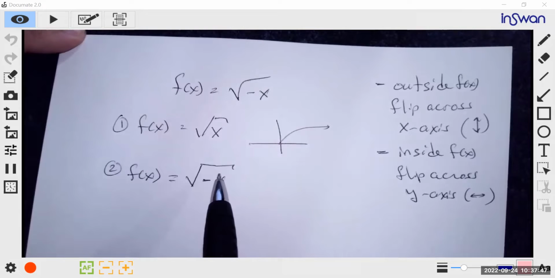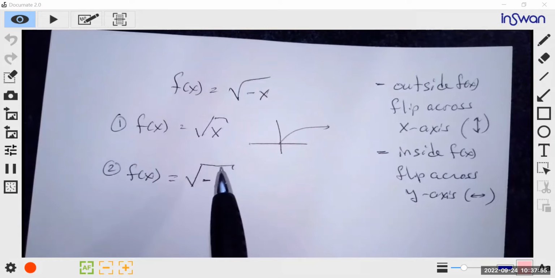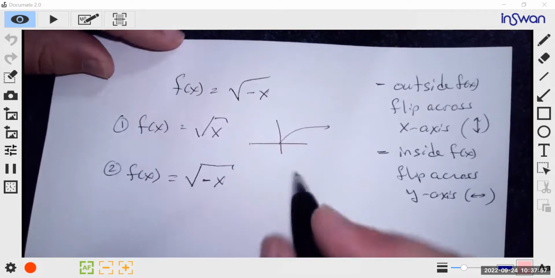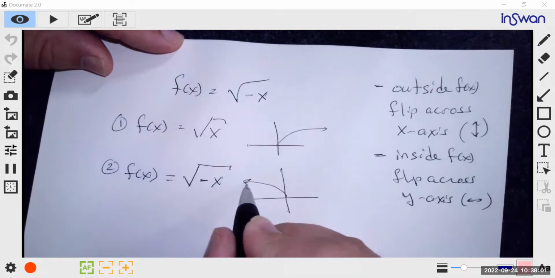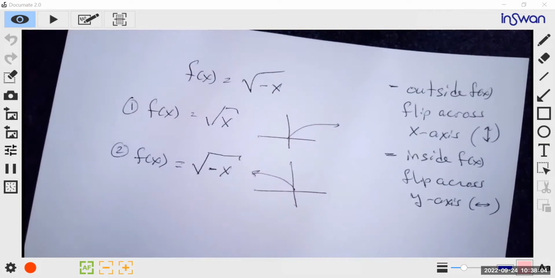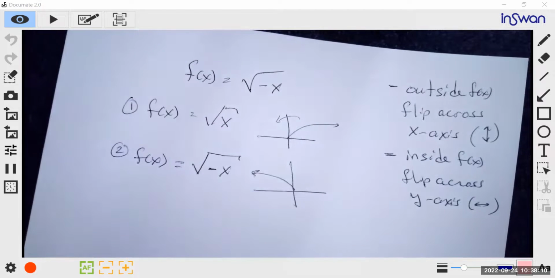You cannot have negatives inside square roots, right? So what does x have to be to get rid of that negative? X has to be negative. A negative times a negative becomes a positive. So that's why it now flips direction. I can only use negative x's. That's what flip across the y-axis means.